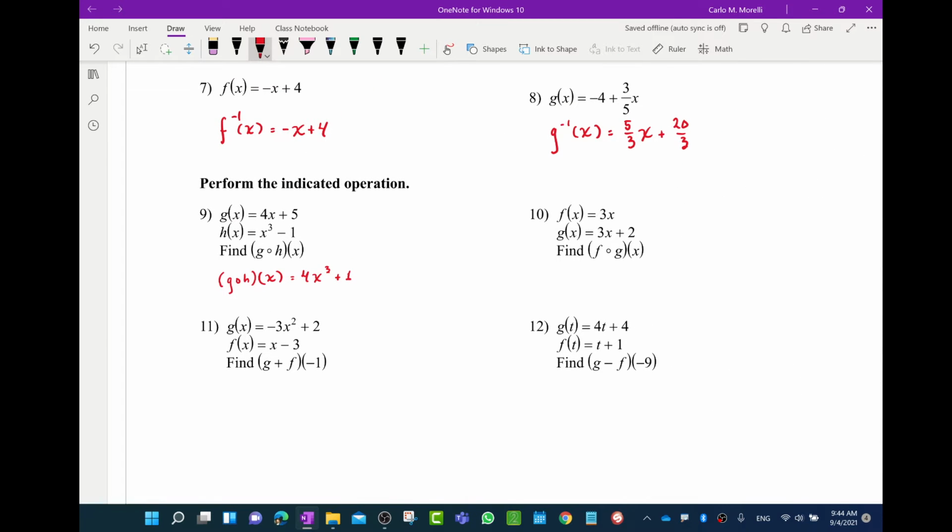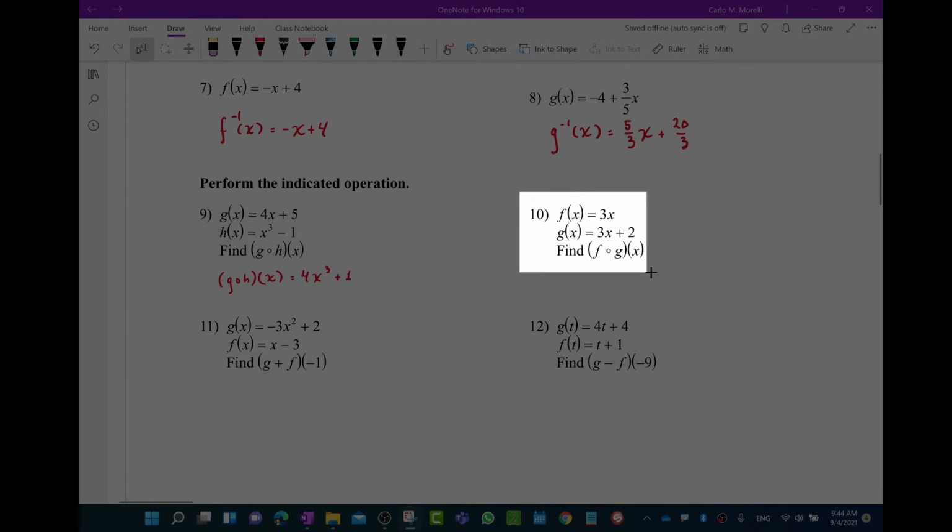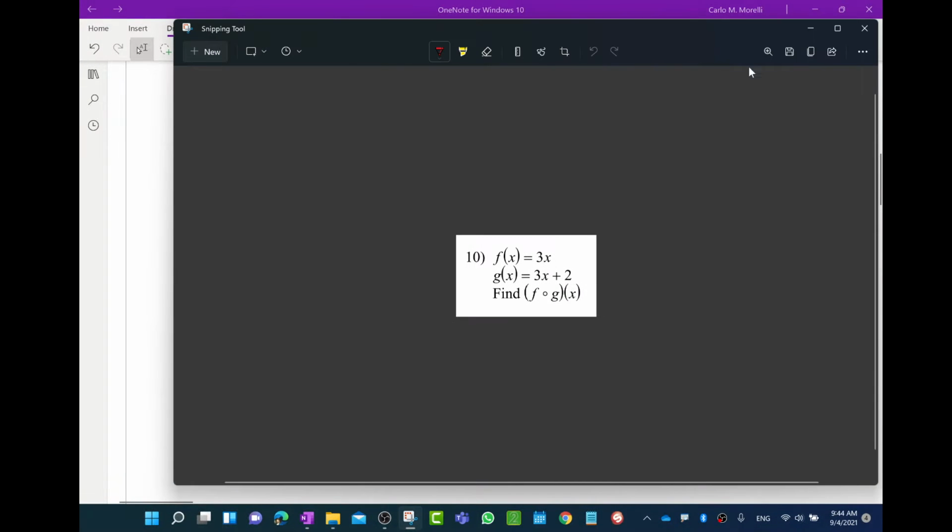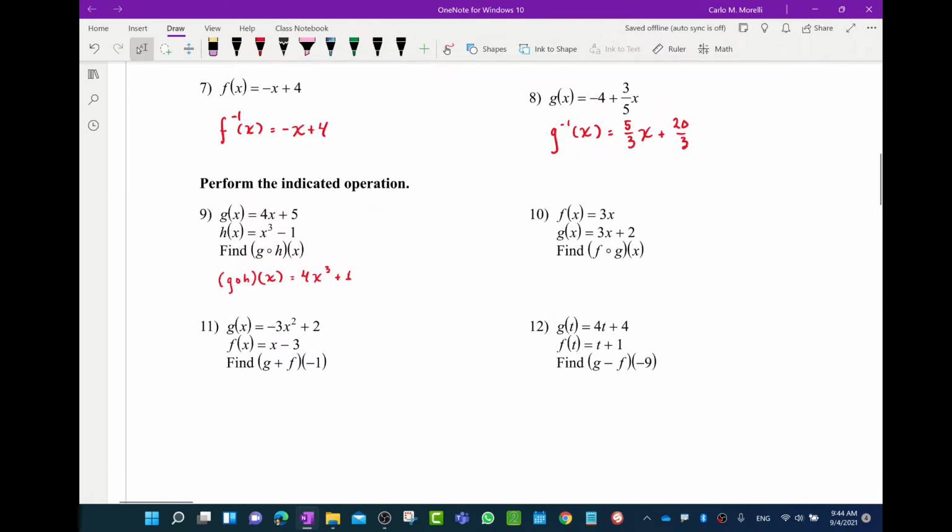Moving on to number 10, it's another composition of functions, and this is the composition of f and g. So at this point, if you've been validating all of your inverse function problems, you've done this 8 times on this paper already.